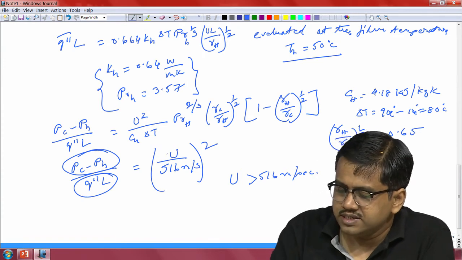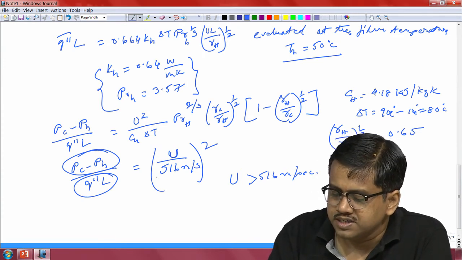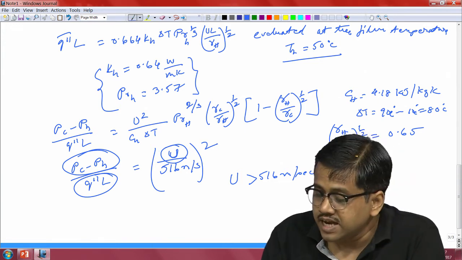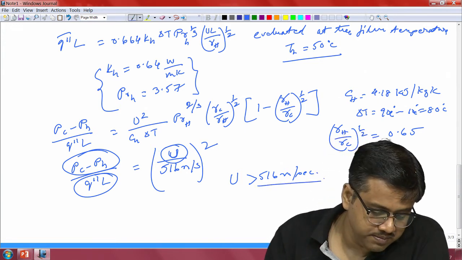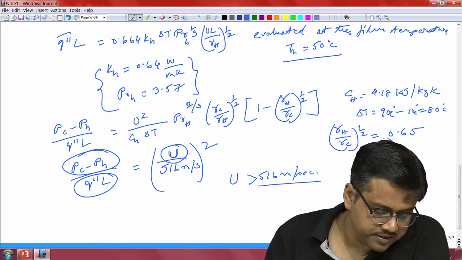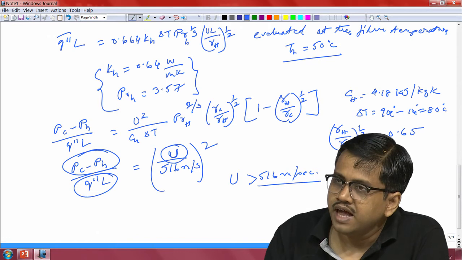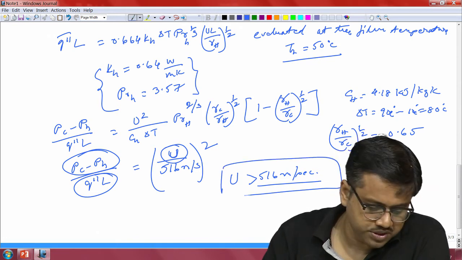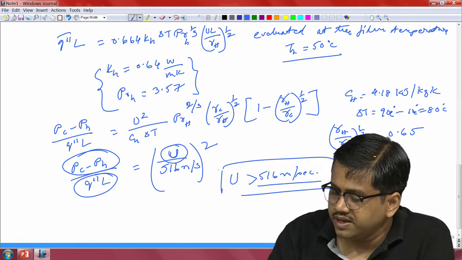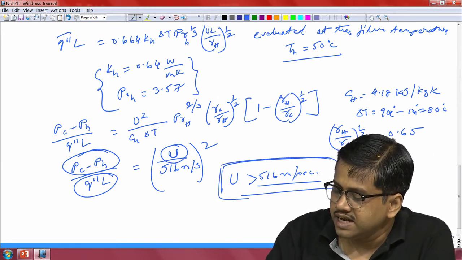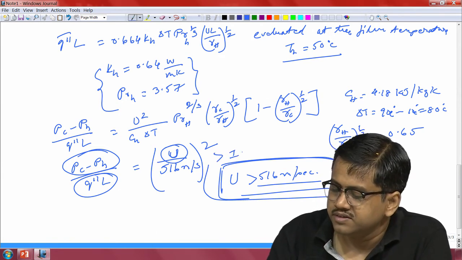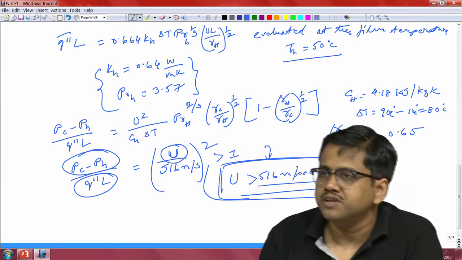This gives you the ratio of U by 516. If the velocity is more than 516 meter per second, then you can have a ratio which is greater than 1. This is one of the key observations, that this has to be the velocity scale for it to be greater than 1. This has to be satisfied.